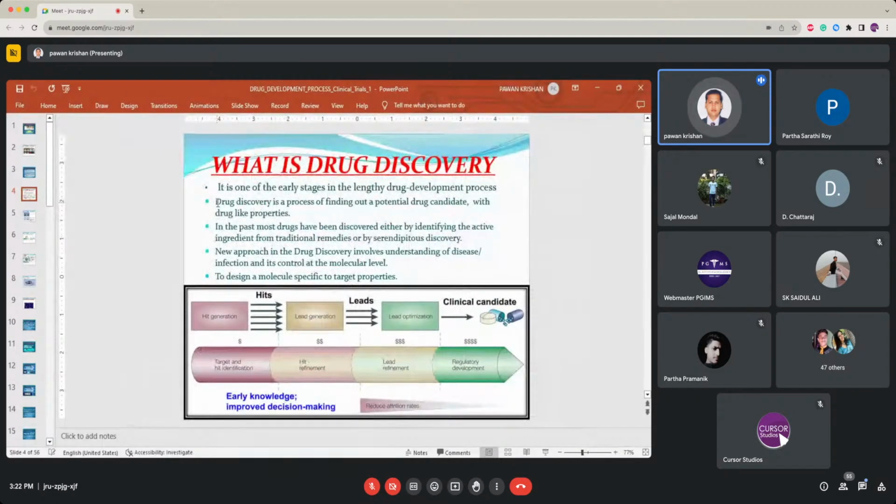Is it manageable like this? Yes, sir, it is visible. Somehow we have to accommodate, because in slideshow mode, when I move the slides, it does not move at your end. There may be some network or other issue. So if it's acceptable, I can manage like that in this mode.